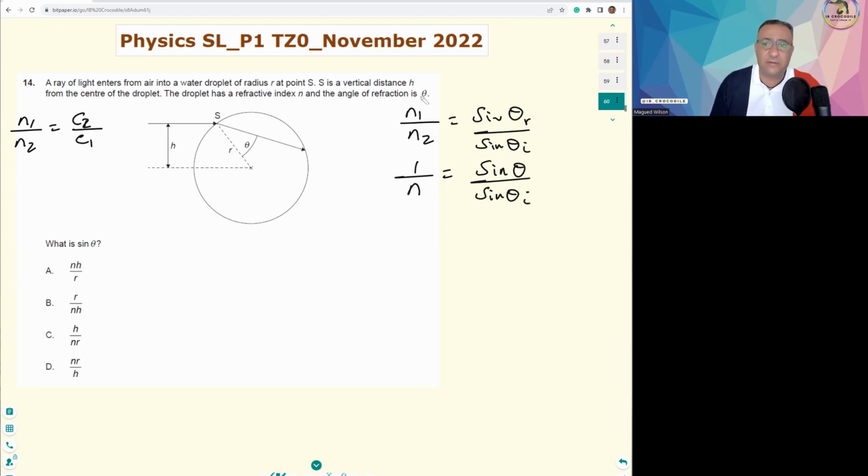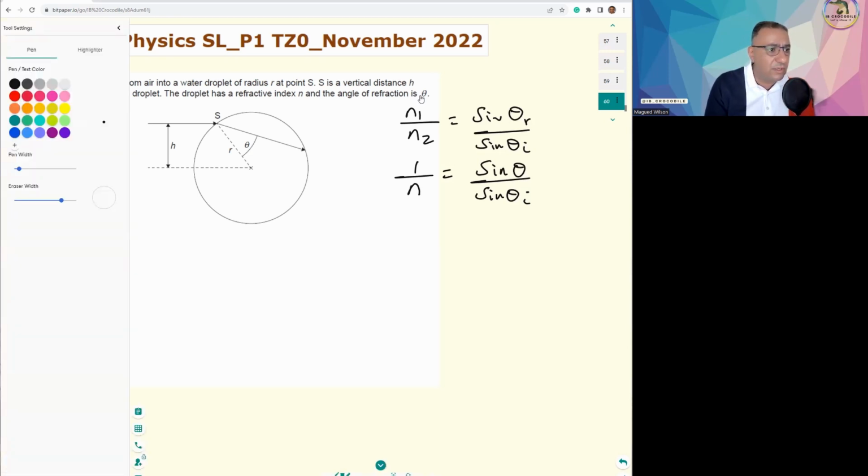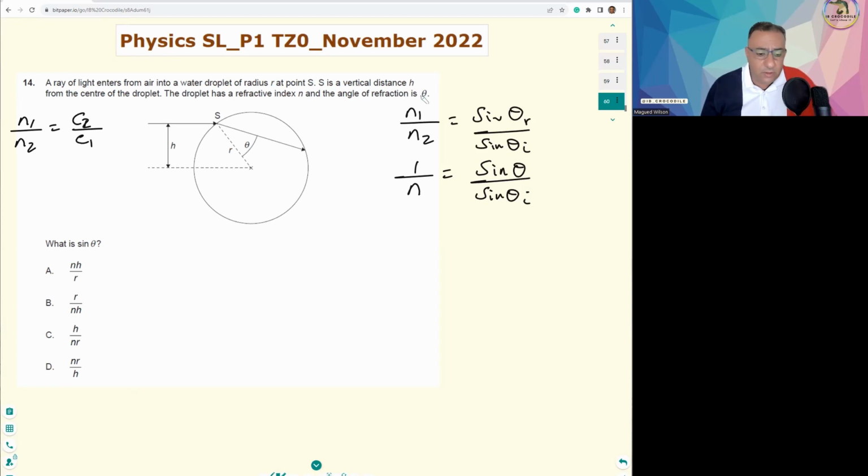It's very important to note that the angle of refraction and the angle of incidence are measured from the normal, between the ray and the normal, which is not drawn in this question. So what I would do first is sketch the normal to the surface at the point.